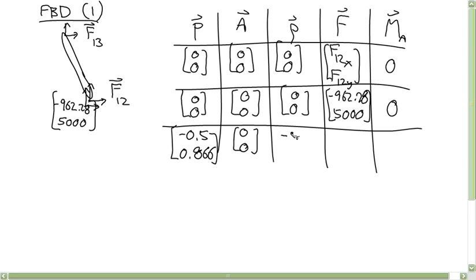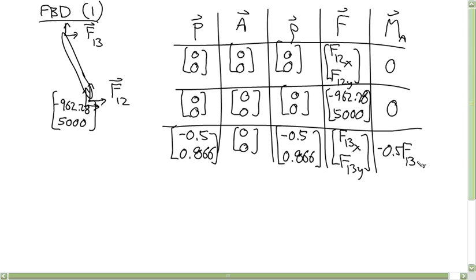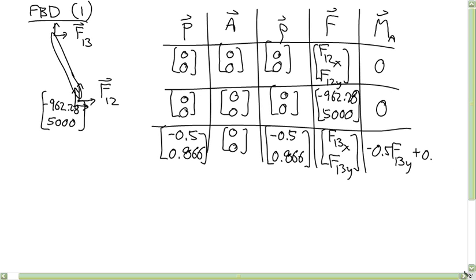So our rho vector is negative 0.5, positive 0.866. The force is F13x, F13y. So we got negative 0.5 F13y plus 0.866 F13x.